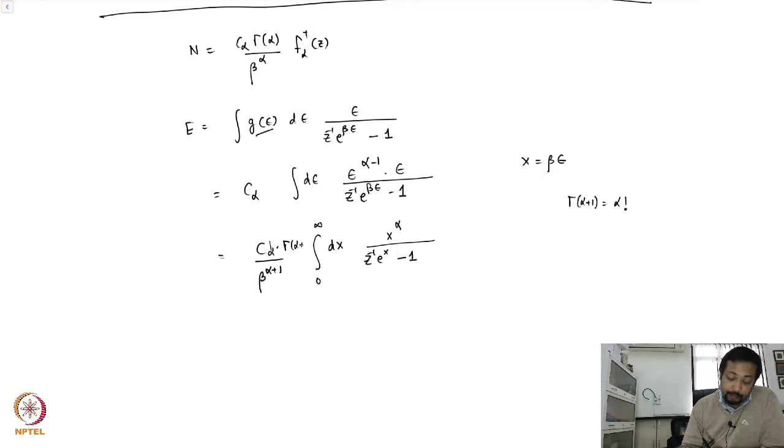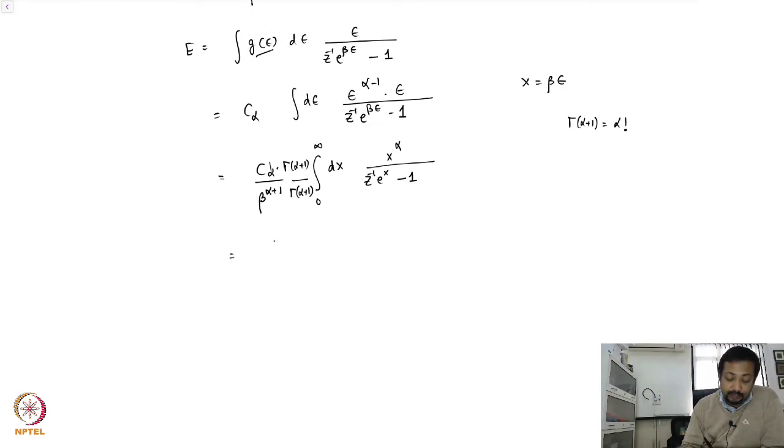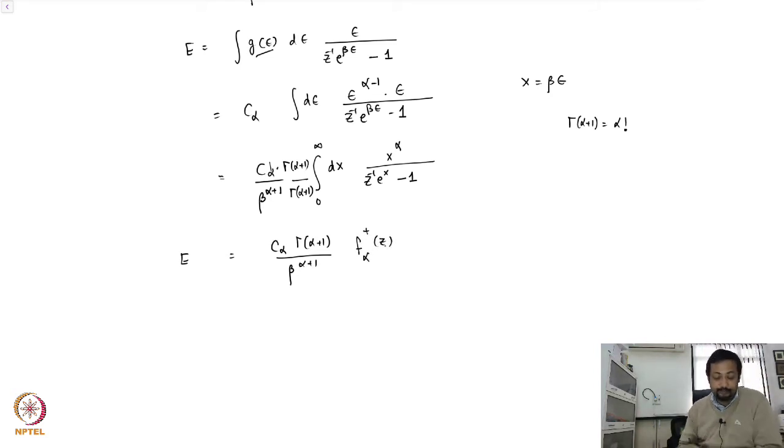I bring in a Gamma of alpha plus 1, and that gives me that the energy is going to be C_alpha Gamma(alpha plus 1) divided by beta raised to the power alpha plus 1 f of alpha plus 1 plus of Z.